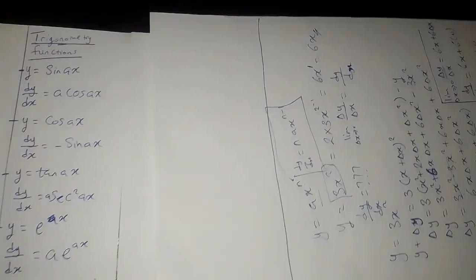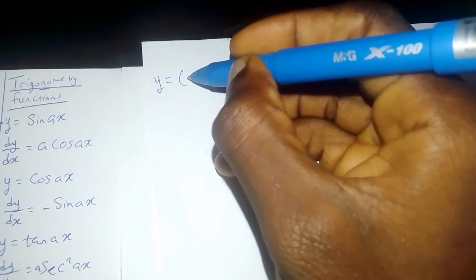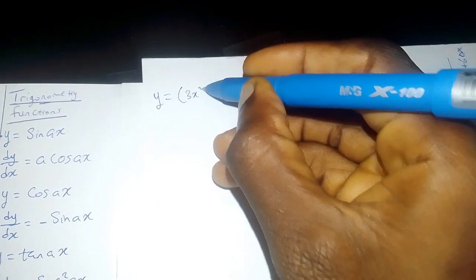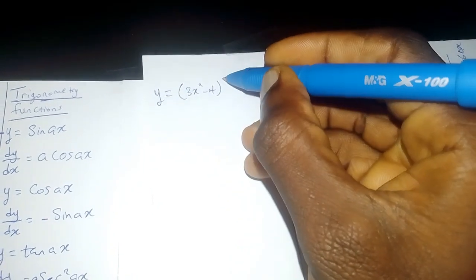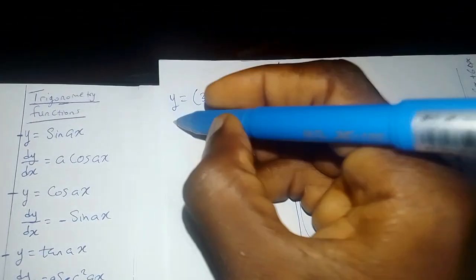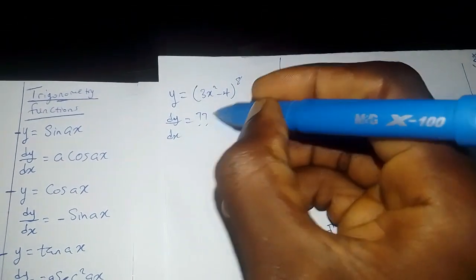From here, using this chain rule, we can say, for instance, let's say y equals 3x squared minus 4, everything raised to power, let's take a very big value, maybe let's say about 8. So find your dy dx. Now how do I find this one here?